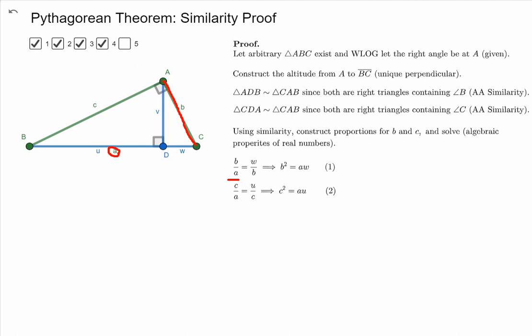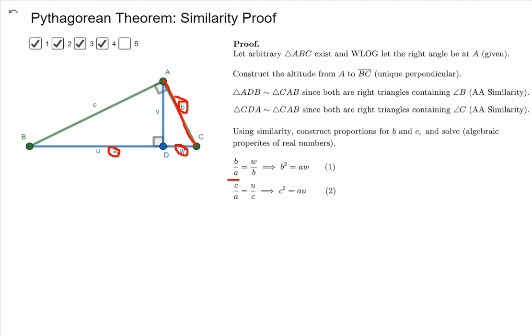But then looking at B, B is the short leg of the green triangle, so the way I can set up the proportion is it'll be proportional to W, which is the short leg of the small blue triangle. And notice that we went blue over green, right?